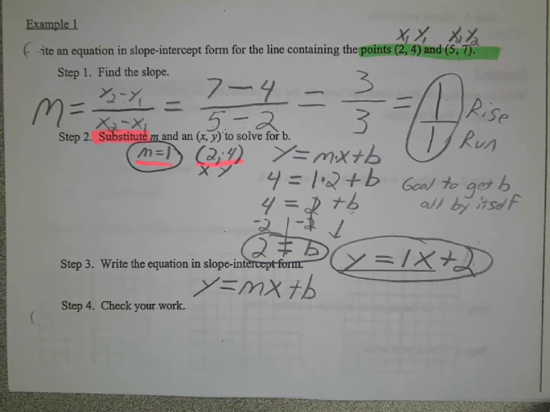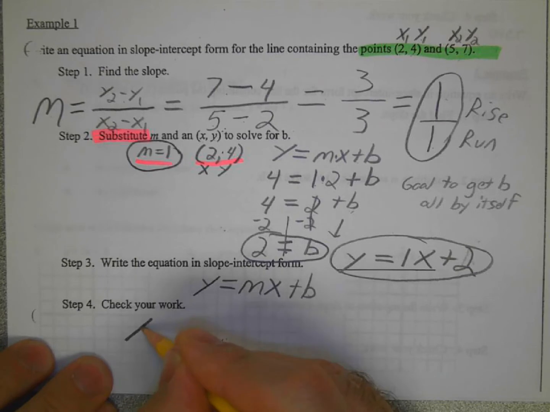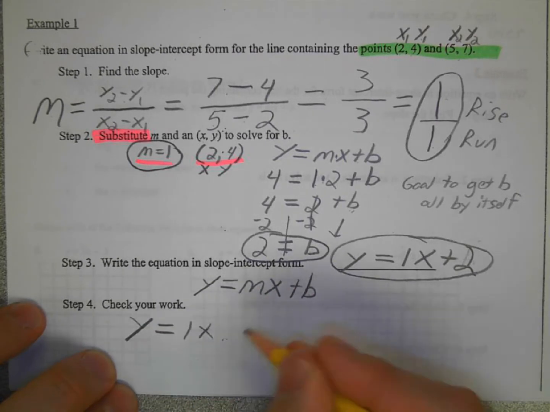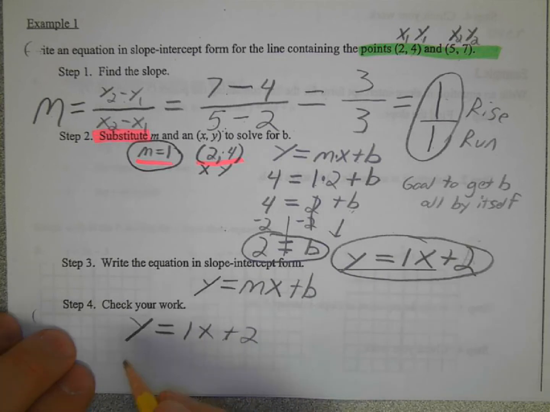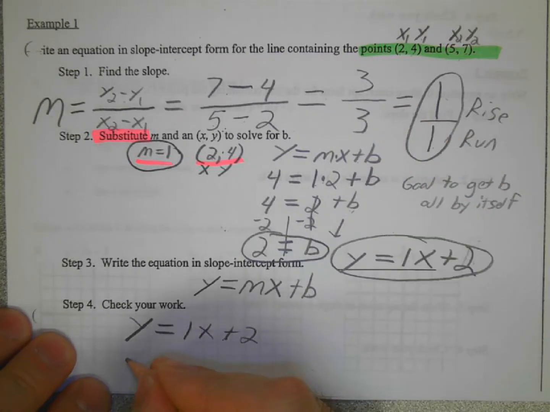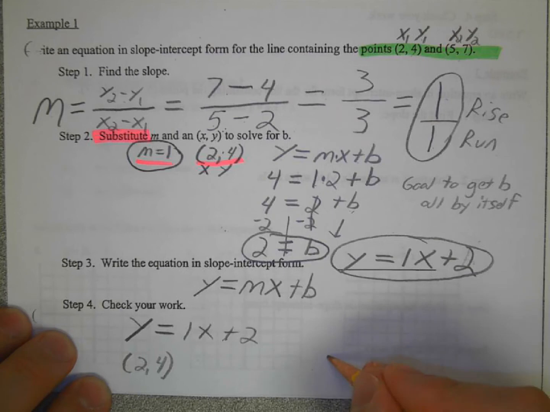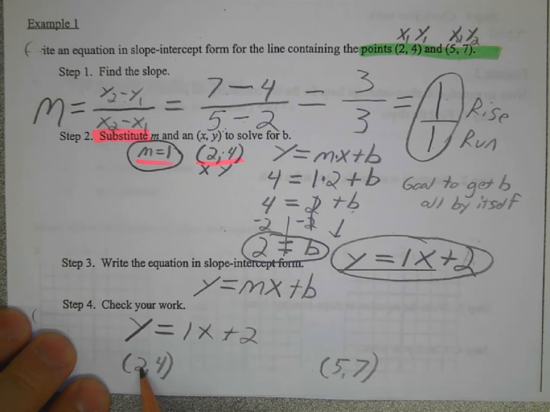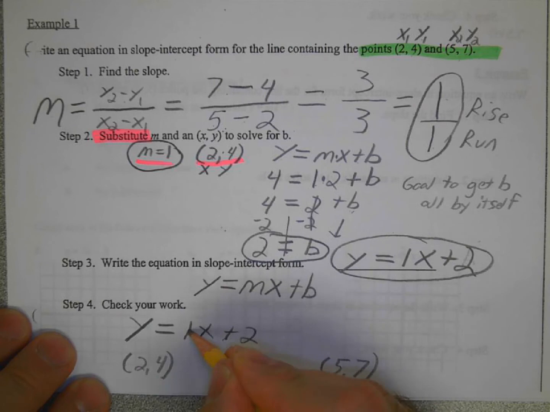Now we can check our work. When it says check your work, all you've got to do is substitute your points in. So we've got 2, 4 and then we've got 5, 7 to check. Let's see if that works. 1 times x, so x here, x, y.